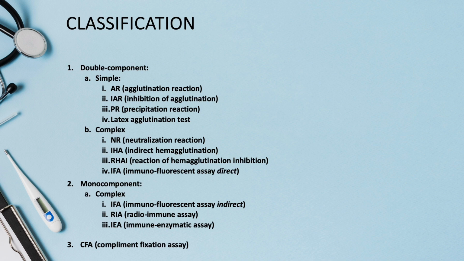If we are talking about simple, there are some examples. Agglutination reaction is when antigen and antibody are connecting to each other. They make this agglutinate. What does agglutination mean? It means glue, sticking to each other.